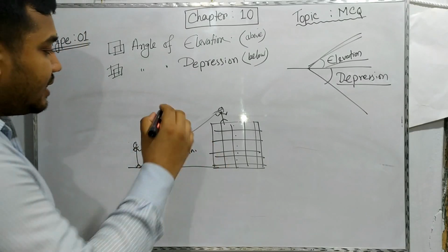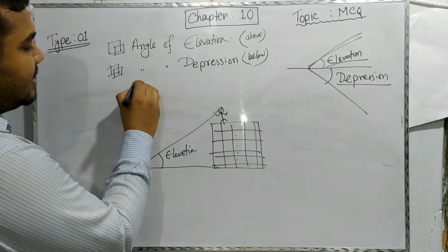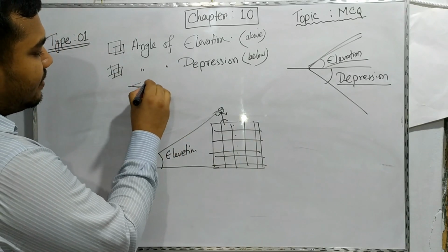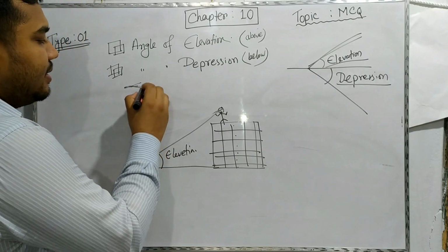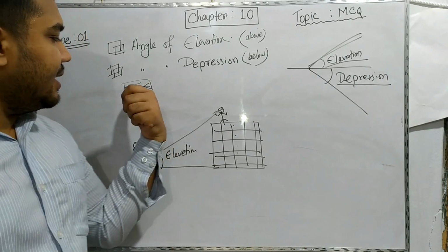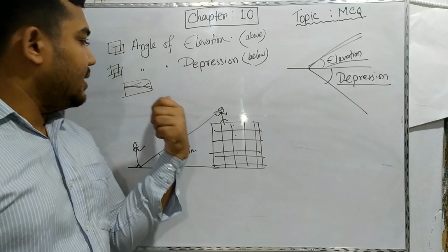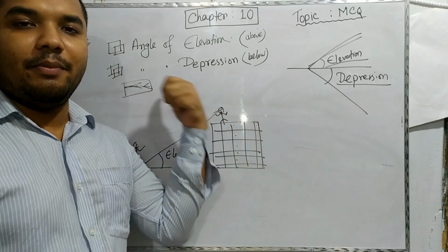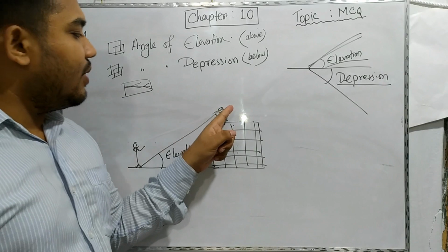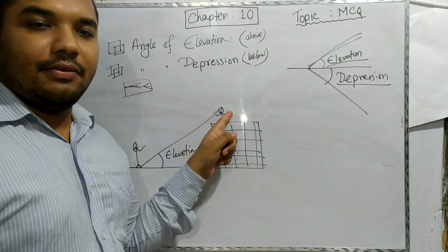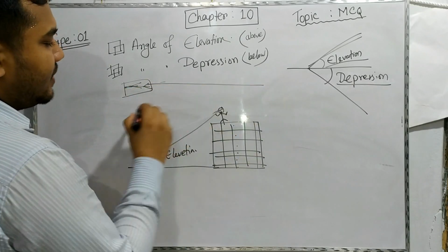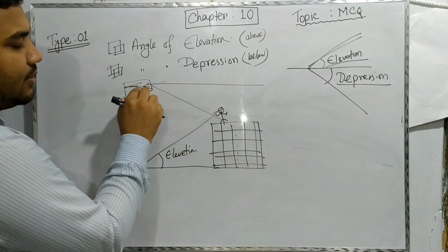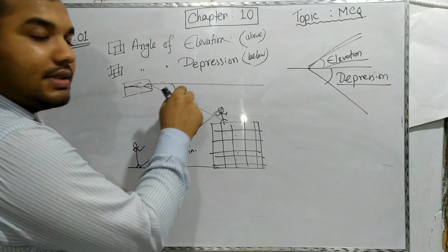But maybe we can think of another way. Suppose here is a plane. In this plane, your friend is going from Bangladesh to America. At that time you are here. Your friend is there and you are here. With respect to your friend, the angle is created here.